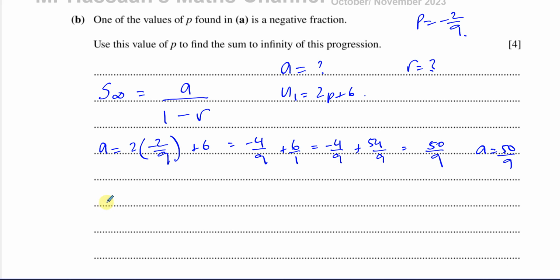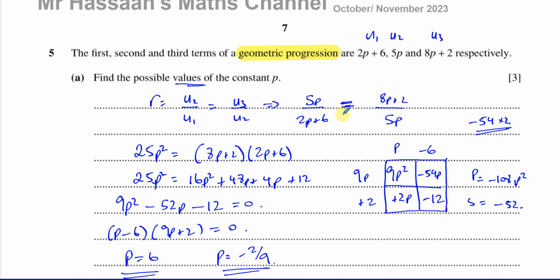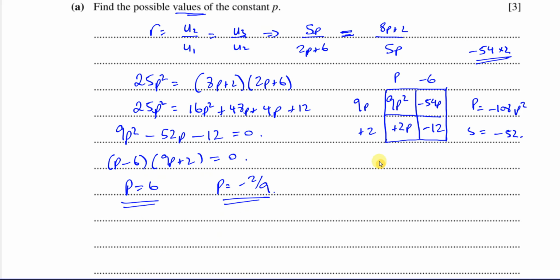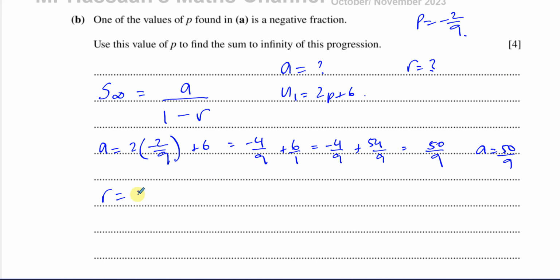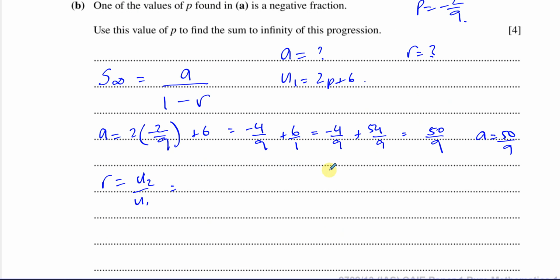And then we need to find the common ratio. We already mentioned the common ratio could be given by u2 over u1. As we already found what 2p + 6 is, I'll use this form. The common ratio is the second term divided by the first term, which is 5p over 2p + 6, which is 5 × (−2/9) over 50/9.